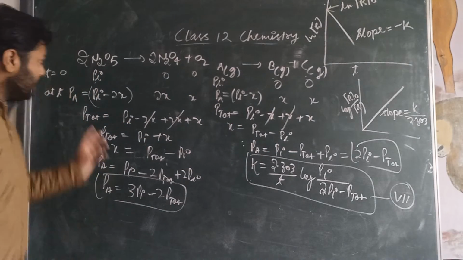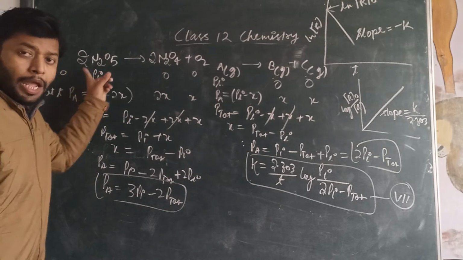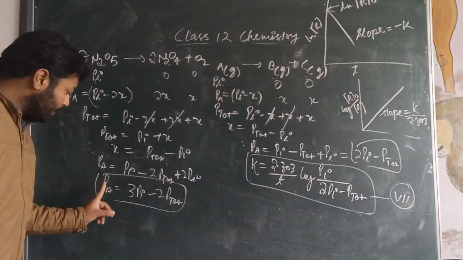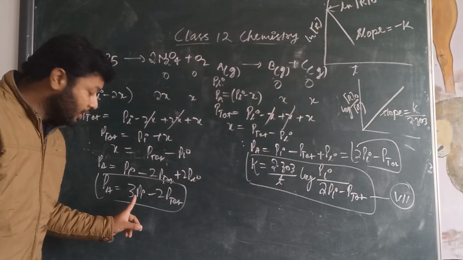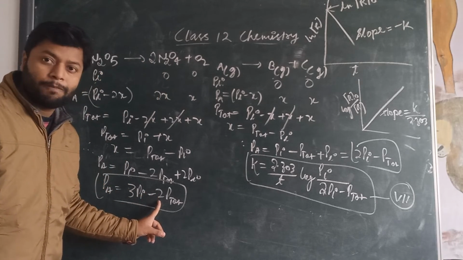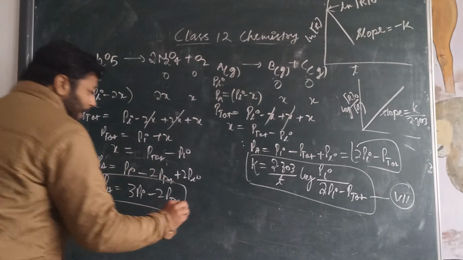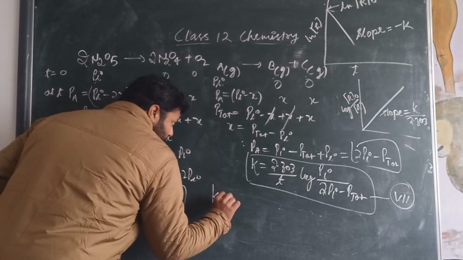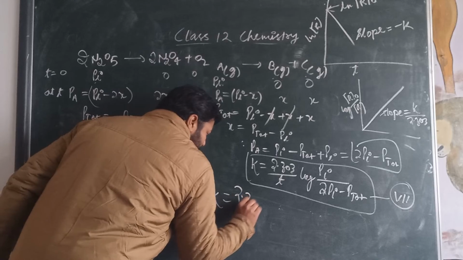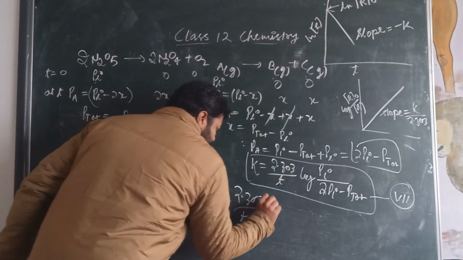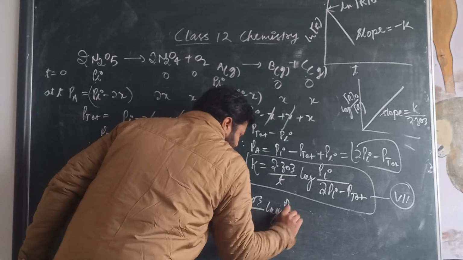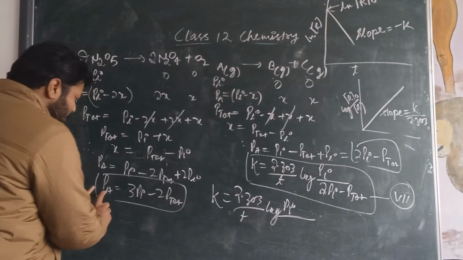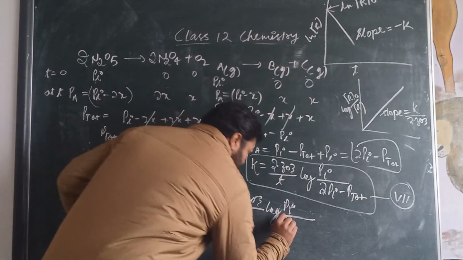If the coefficient of the reactant is 2 and the product is also 2, the value of PA can become 3Pi minus 2P total. Now just use the value. K equal to 2.303 upon t log Pi upon PA, where PA equals 3Pi minus 2P total.